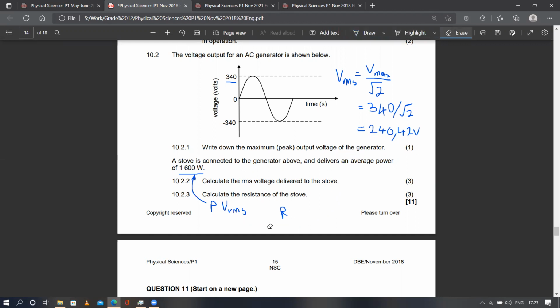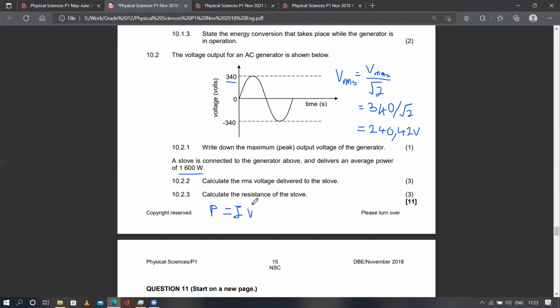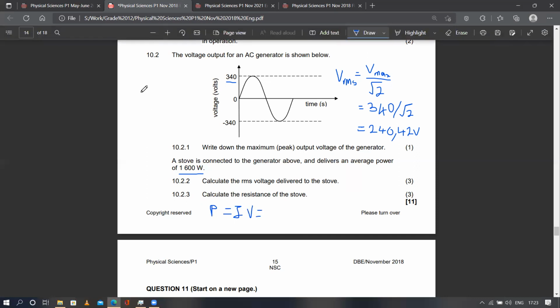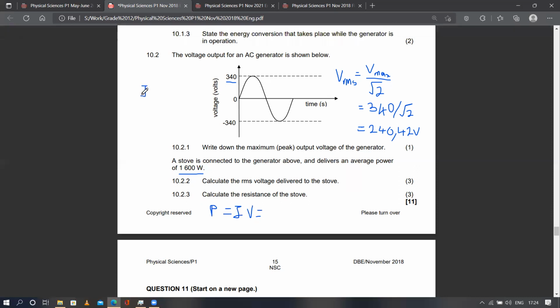Off the top of my head, power is equal to the current multiplied by the voltage, and I'm gonna remove the current using Ohm's law.